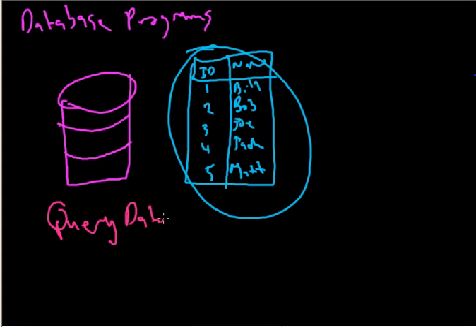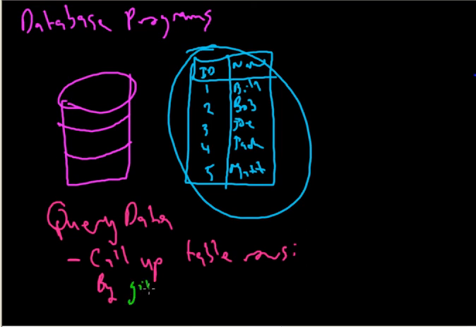You can query data, which means you can call up table rows by giving parameters, which point to a certain thing.